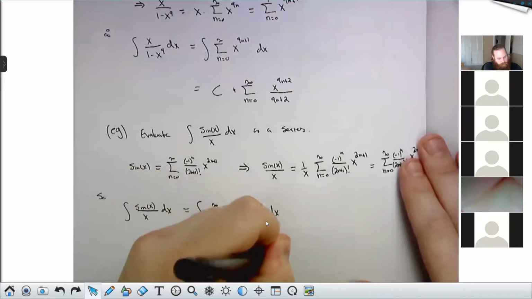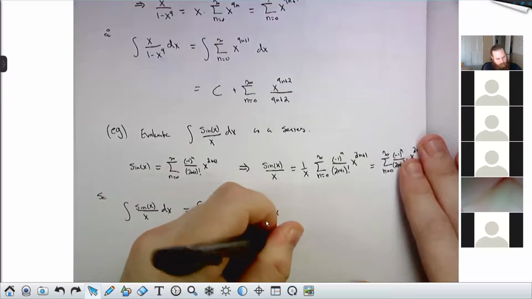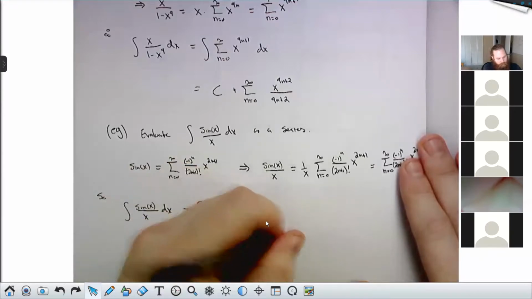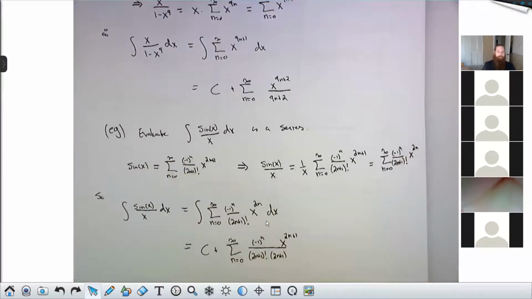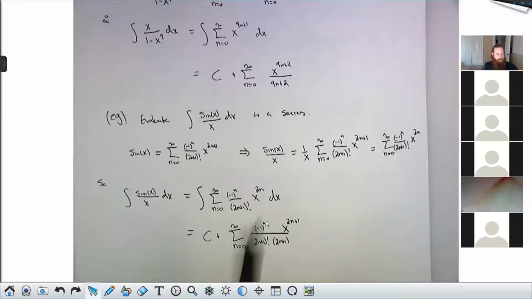And then you have another 2n plus 1 from the integral and x to the 2n plus 1, like this. So the power went down when we divided by x, but then when you integrate, it goes back up. And just using the regular power rule, just add 1 to the power, divide by the new power. Same thing we used in the very first week of the semester.